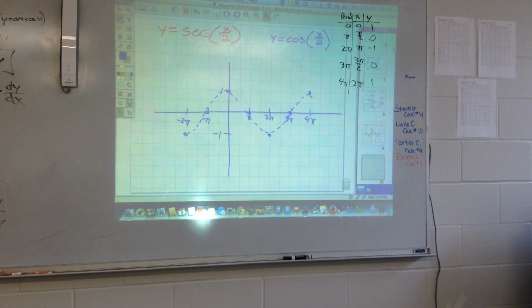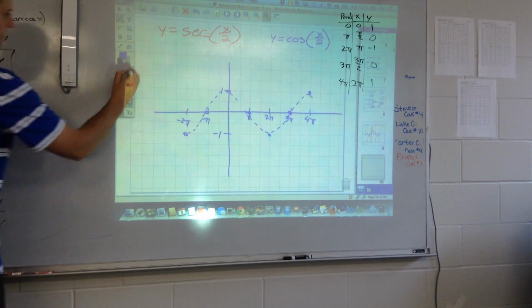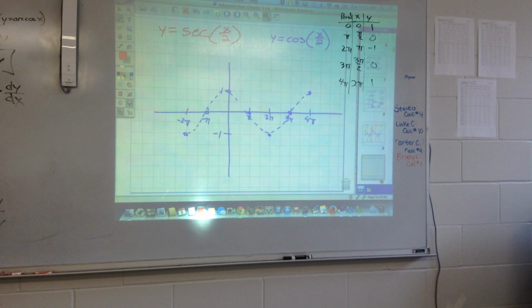I think it's easiest to draw your cosine graph first and then draw the secant one from that. Because if you draw your cosine graph first, you know right where the asymptotes are going to be. Where are the vertical asymptotes going to fall? Pi, 3 pi, -pi.